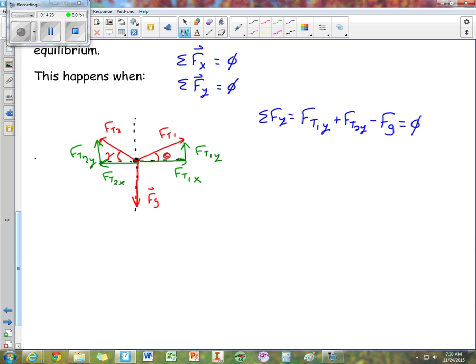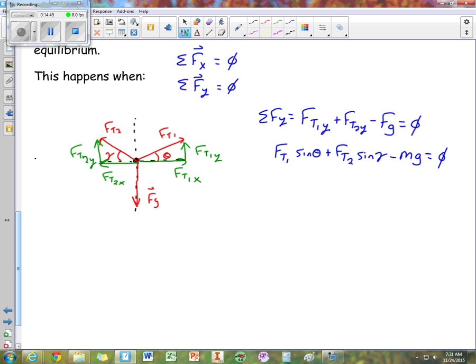So what that would mean then is you would have FT1 sine of theta plus FT2 sine of, I call it gamma, minus mg would equal 0. So that would be one equation right there.